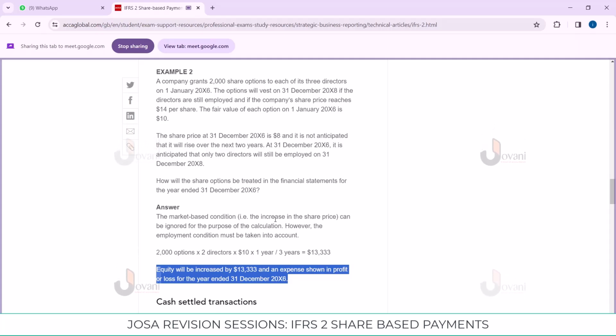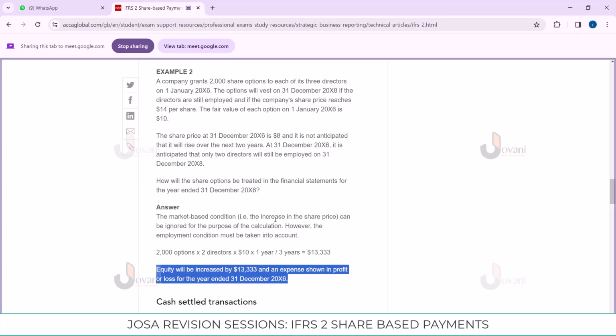An example of a non-market condition can be: you are going to work for us, but you must achieve a 20% profit margin. Or you must increase the profits to 100 million. Or you must work hard so that our earnings per share moves from 3 to 5. So those are non-market conditions.